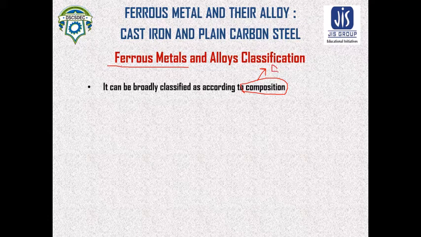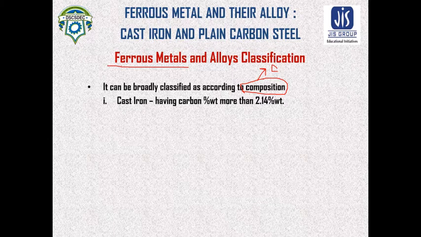See, first the cast iron, which has more than 2.14 percent weight of carbon. If an iron has more than 2.14% weight of carbon, then it is called cast iron.